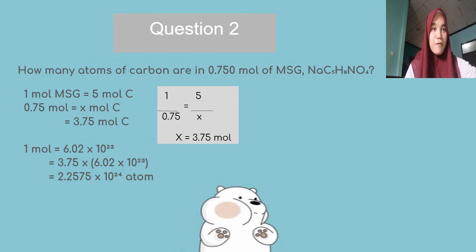If we look at the solution in the box, we can get X equal to 3.75 mole. The next step is we need to multiply the number of moles of carbon with the Avogadro number. So the final answer will be 2.2505 times 10 to the power of 24.